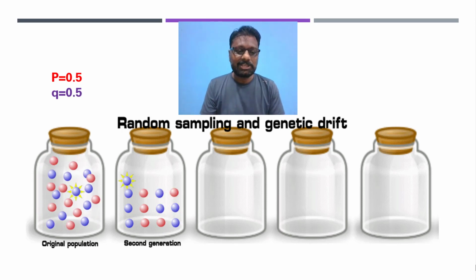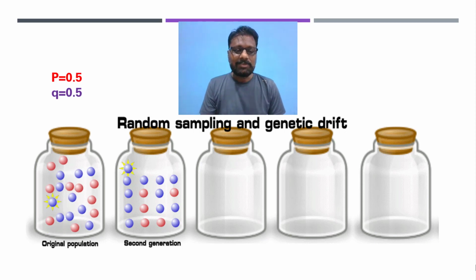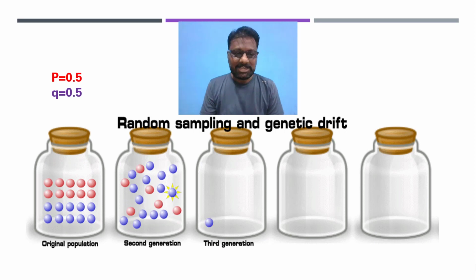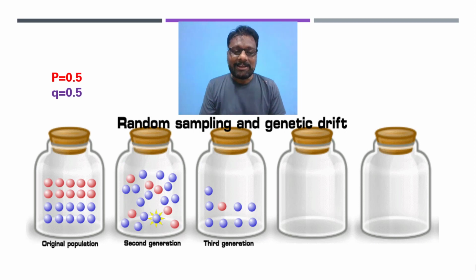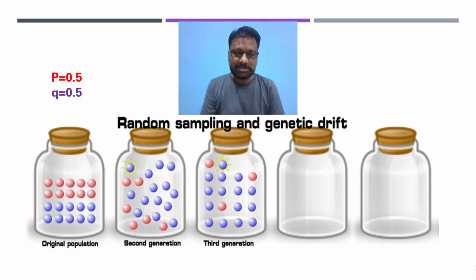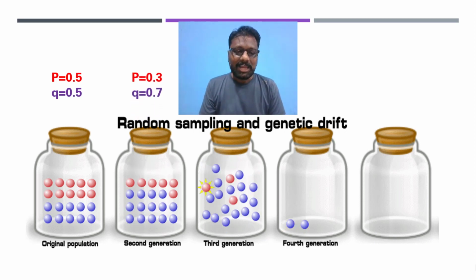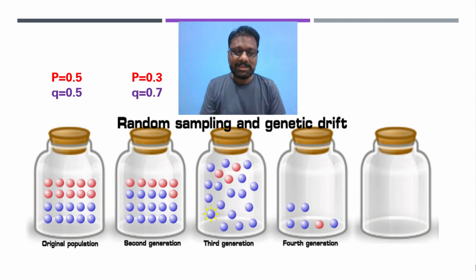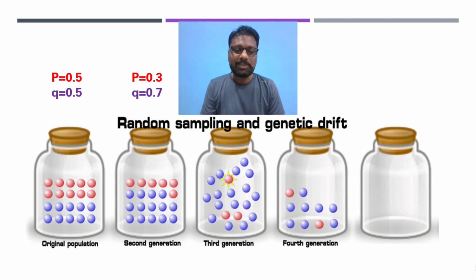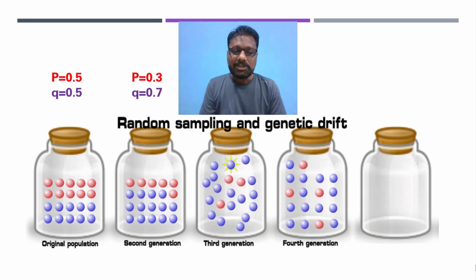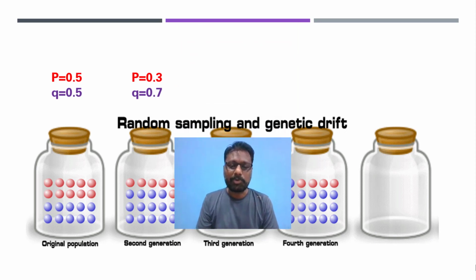When these alleles by random chance move to the next generation, there is a decrease in the red allele population compared to the blue allele population, which has changed to 0.3 and 0.7. That means the red allele frequency p is 0.3 and q, the blue recessive allele frequency, is 0.7.